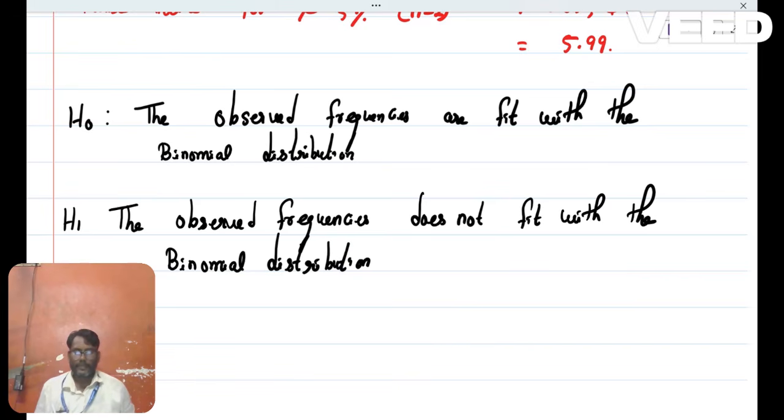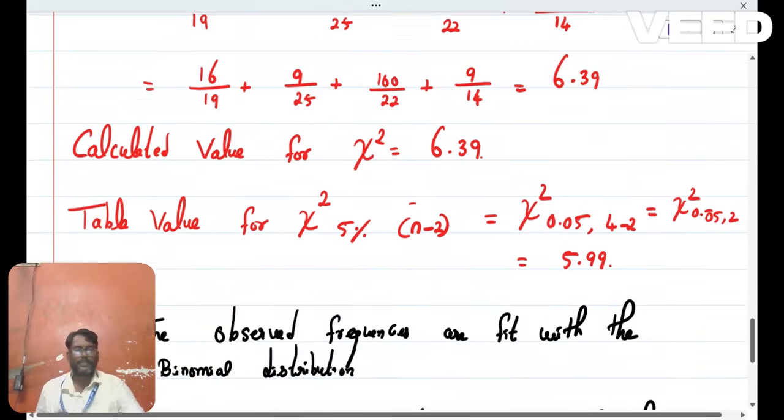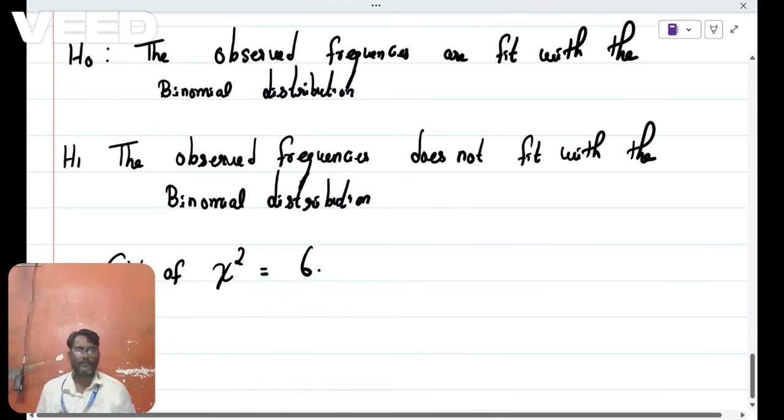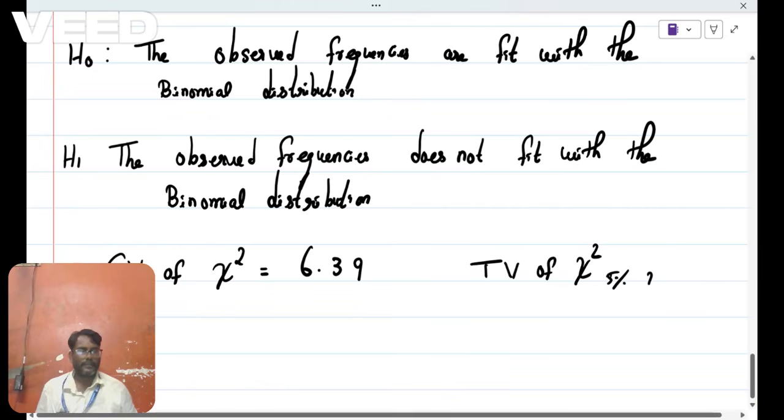Here the calculated value of chi-square, CV, is equal to 6.39, whereas the table value of chi-square for 5% and degrees of freedom 2 is equal to 5.99.